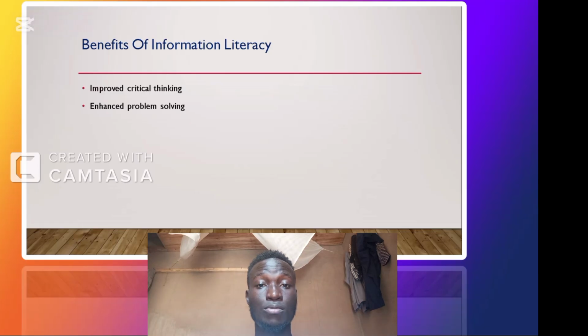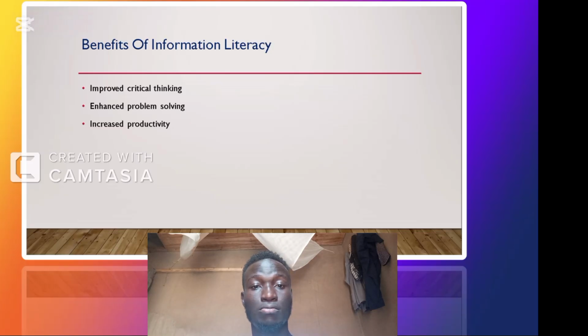And then the next thing is personal decision making. Yes, you can do research, you get information, and then you decide. The next one is civic engagement. So let us continue and then look at the benefits of information literacy.